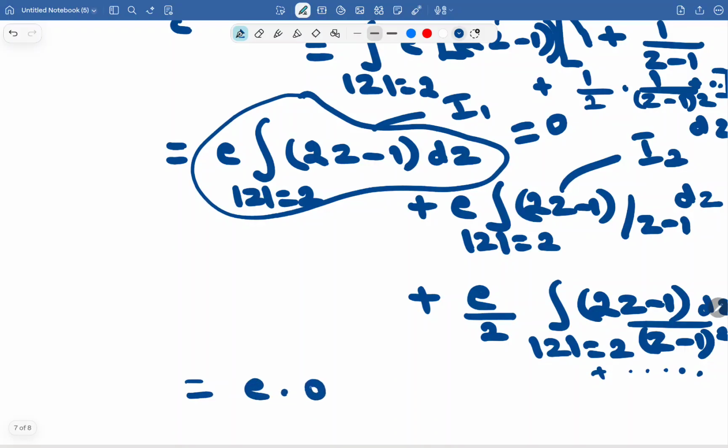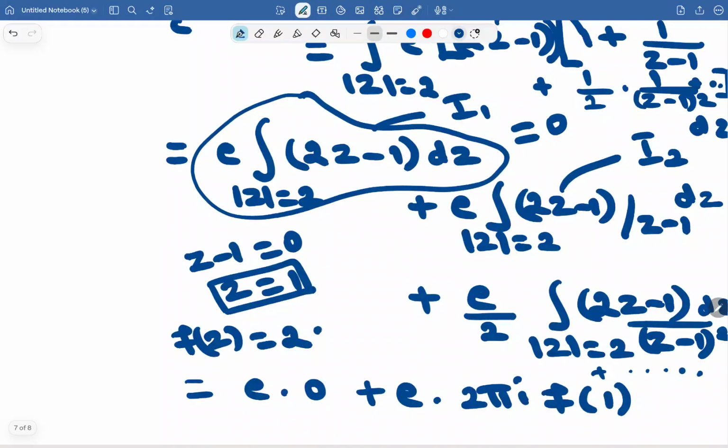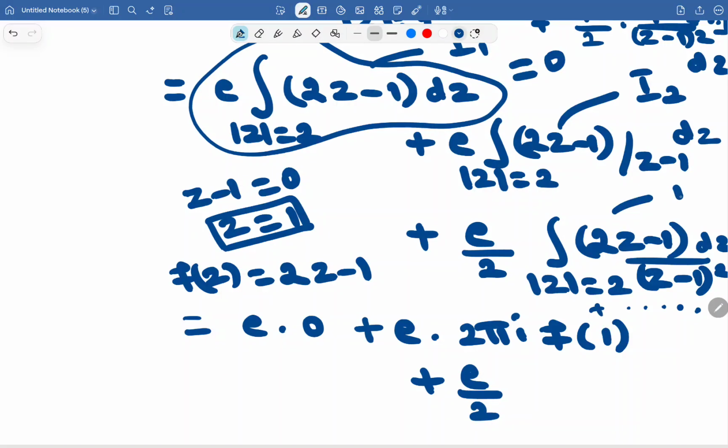Therefore, e into 0 plus e into, for I2, by applying Cauchy integral formula, z minus 1 equal to 0, z equal to 1, which lies inside the circle mod z equal to 2, we can write it as 2 pi i into f of a, here a is 1, and what is f of z? 2z minus 1. Plus e by 2, this is I3.